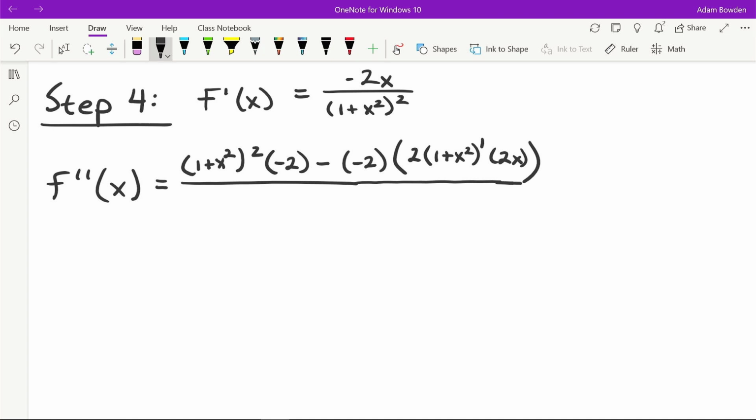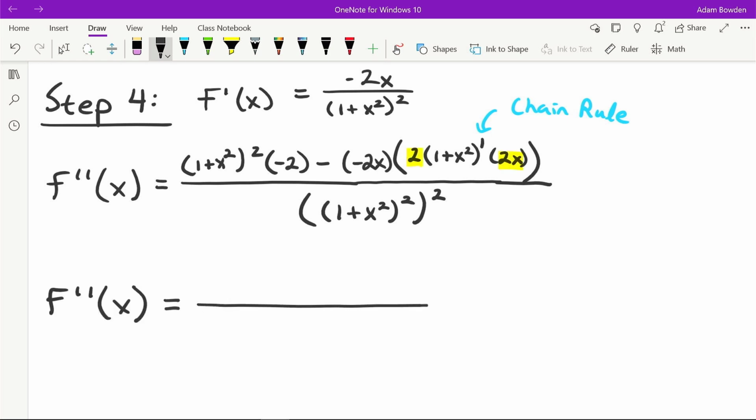And that's a chain rule. That's how I got this information here, by taking the derivative of the denominator. All over the square of what's below, which means we need to take 1 plus x squared all to the second power and raise it to the second power again.